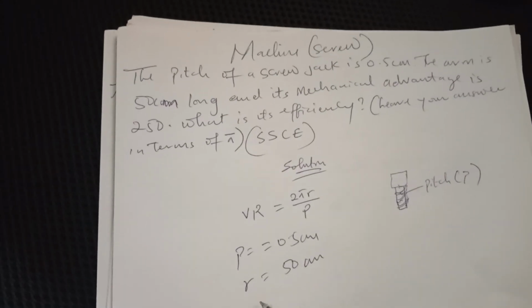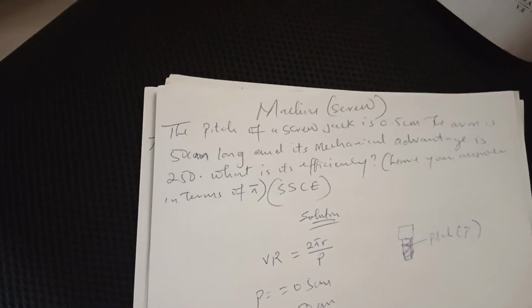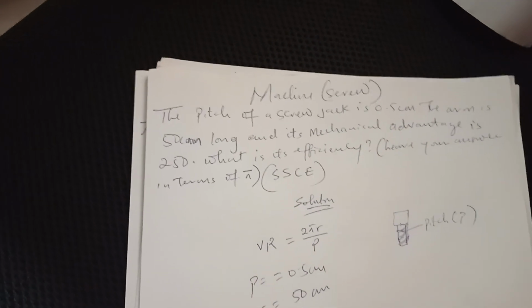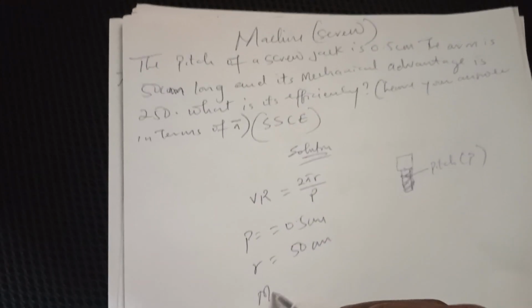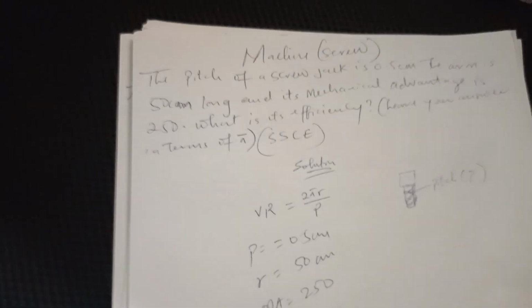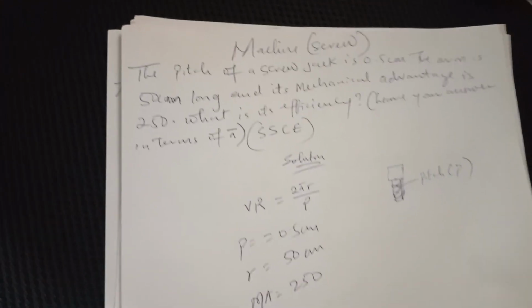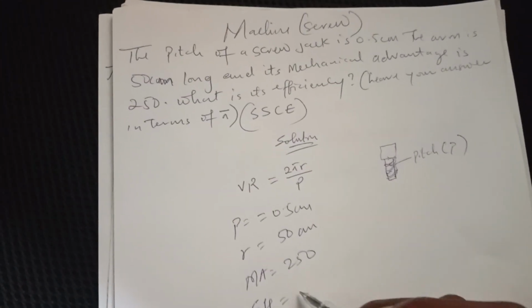Is our MA, the mechanical advantage, given? Yes, it is given, which is 250. So now we have to calculate the efficiency of this screw machine.